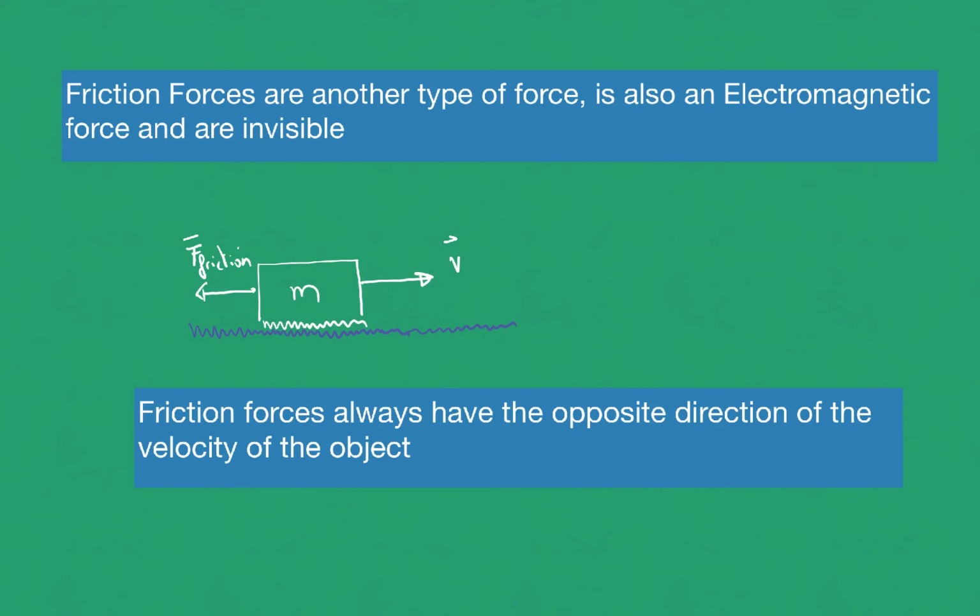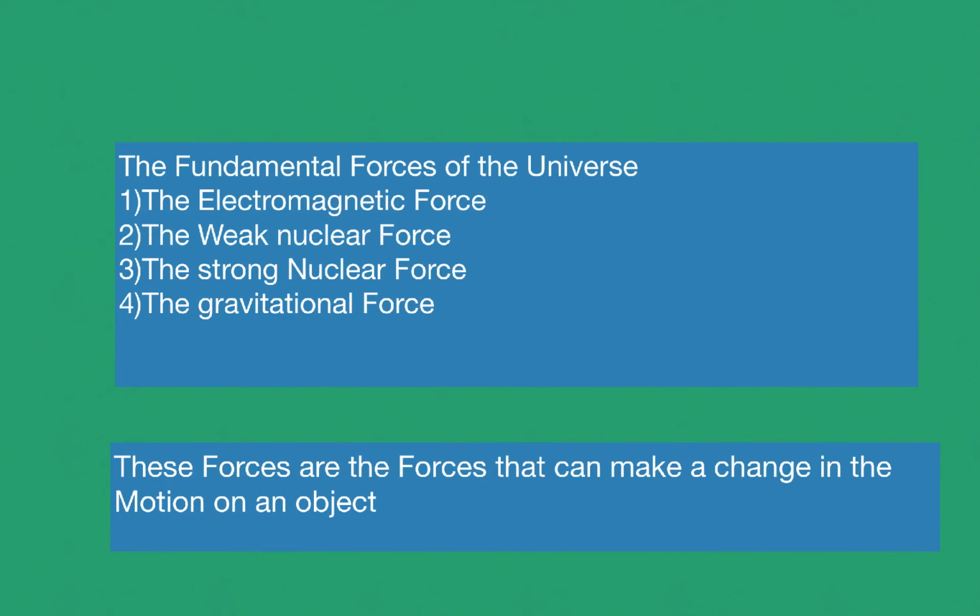It's a very difficult force to understand, because the interaction between the atoms of one surface and the atoms of the other is sometimes very random, but it exists. You can test it by trying to move things on the floor, and this is the friction force.